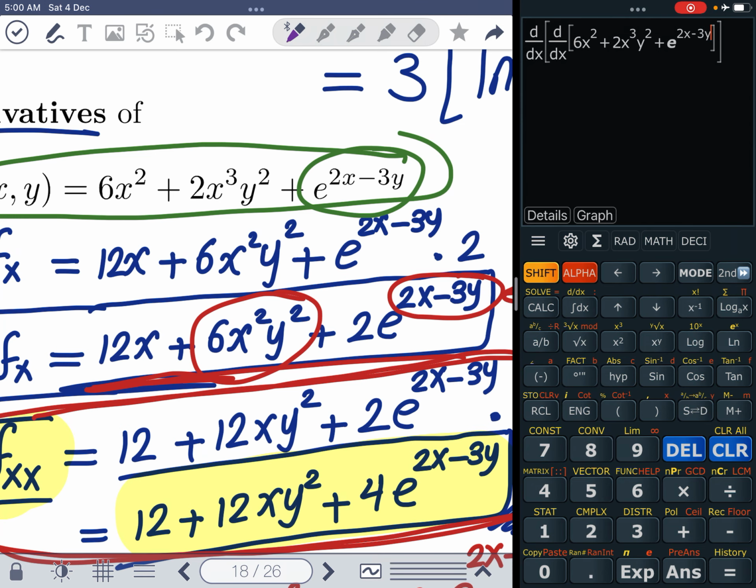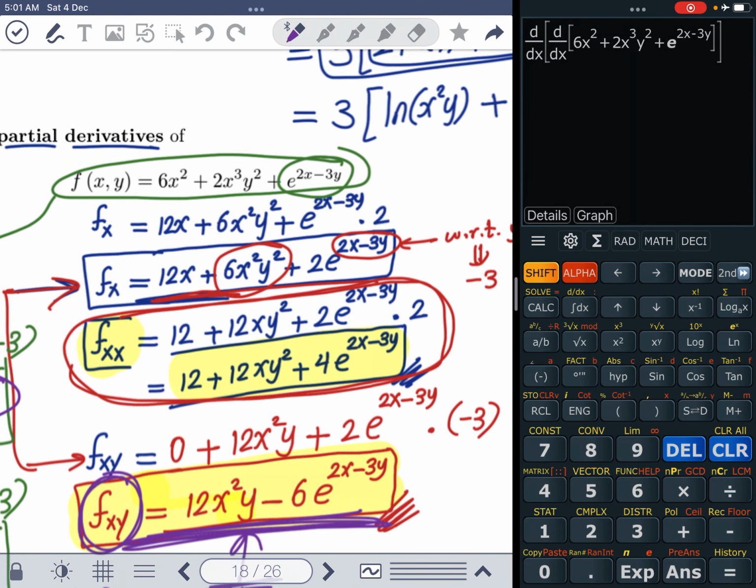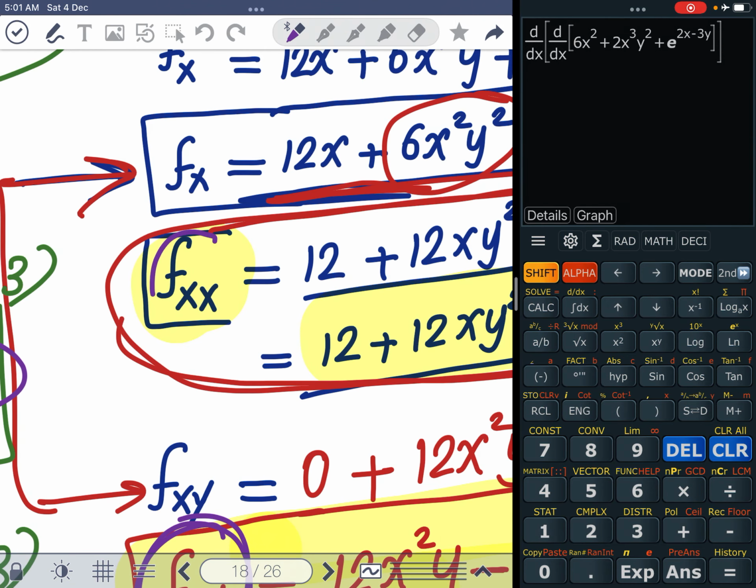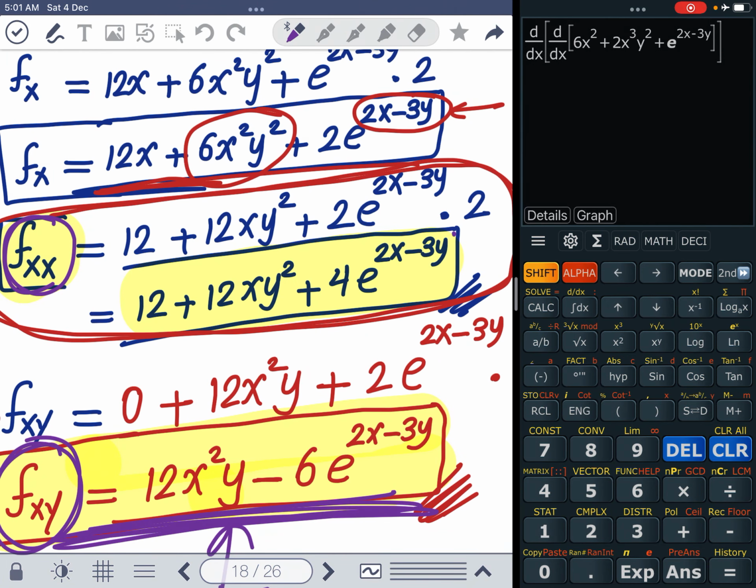Where is the y? Here. Yes. So d by dx twice will give us fxx. Now check this answer, see if it's what we get. Equals 12xy squared plus 4 times exponential plus 12.